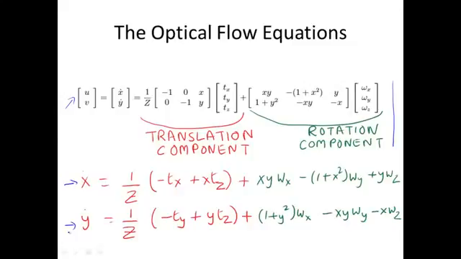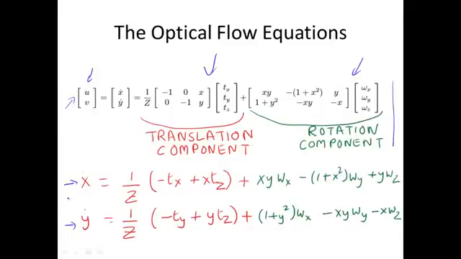So in fact, if I take this matrix vector multiplication and I carry it out, I will get two rows. And similarly, I will get two rows here, and these are also two rows. So if we consider the first row, that corresponds to the equation for x dot, and the bottom row corresponds to the equation for y dot.